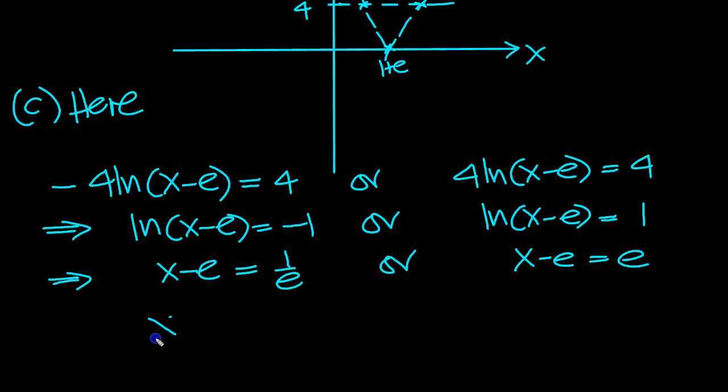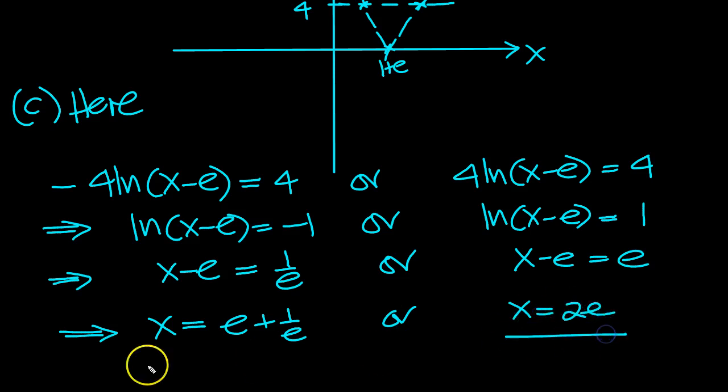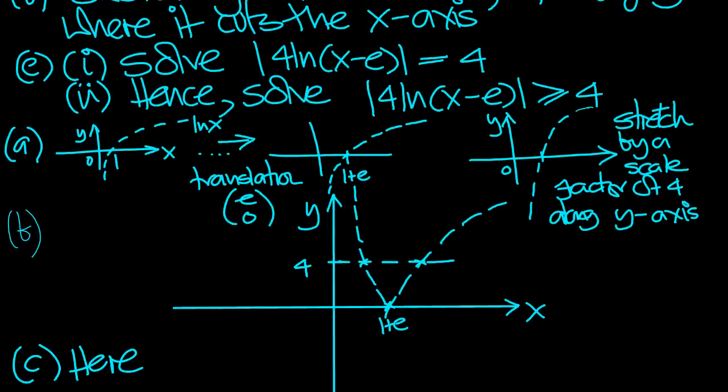So this one here is x is equal to e plus 1 over e. That's the first solution. And the other solution is x equals 2e.